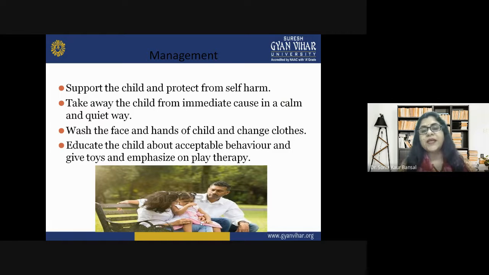Play therapy plays an important role when you are encouraging the child to understand how to behave properly, accepting others, and acceptance of behavior is very important. I hope you are understanding how it should be managed.